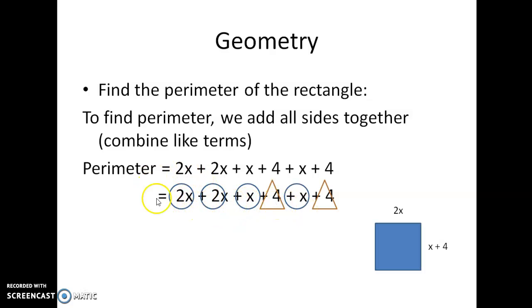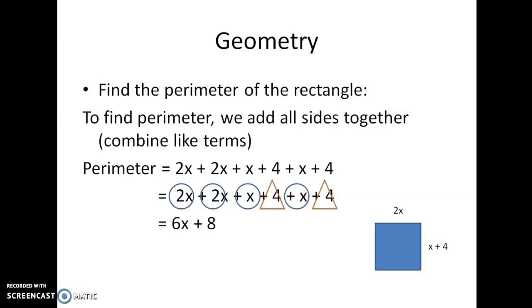See how they all have a blue circle around them. And then I put this orange triangle around the 4's because they're just numbers, so they're like terms. So when you add 2x plus 2x, you get 4x, plus another x is 5x, plus another x is 6x. That's where the 6x comes in. And then 4 plus 4 is 8, and voila, there you have the perimeter of the rectangle.